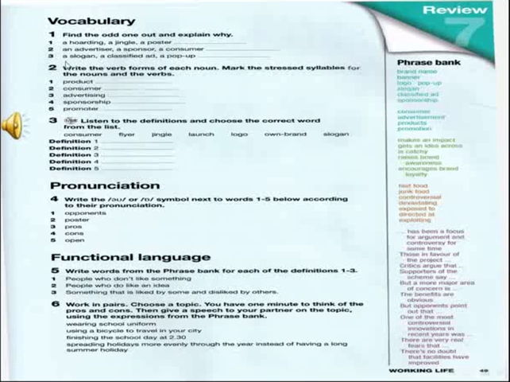Right? 3. A slogan, a classified ad, a pop-up. Which one is strange? Slogan. Right? Why is it different? Because it's short. But a classified ad and a pop-up may be longer. A slogan is usually short. Why short? Because we want to make it easy to remember.